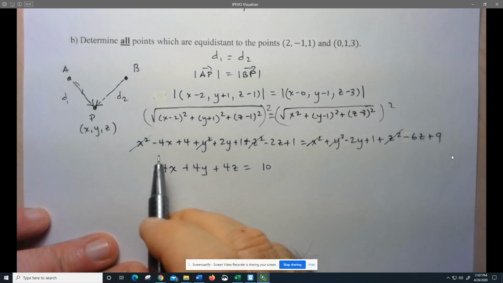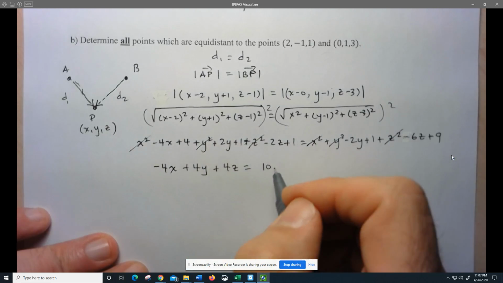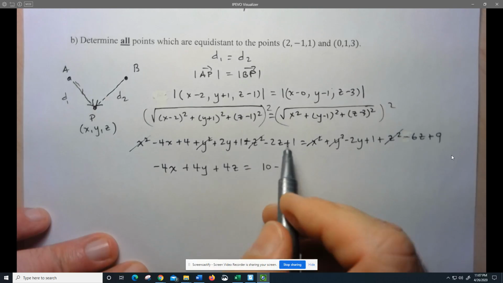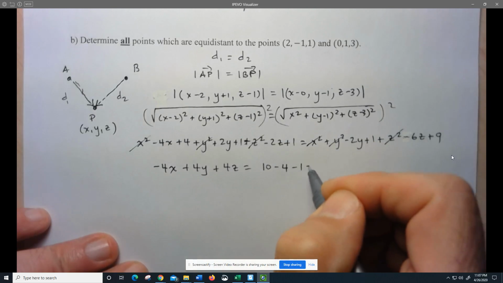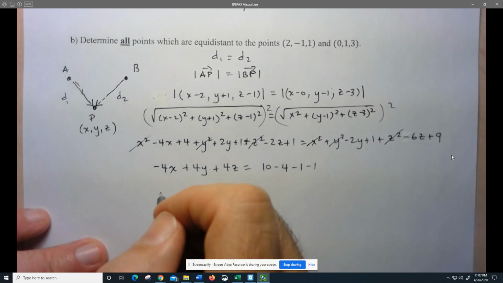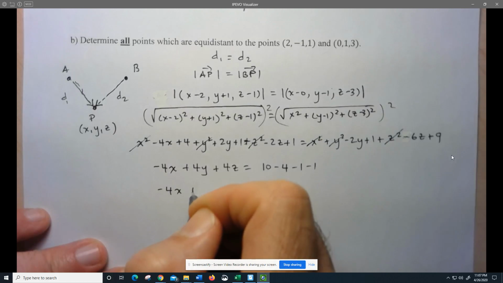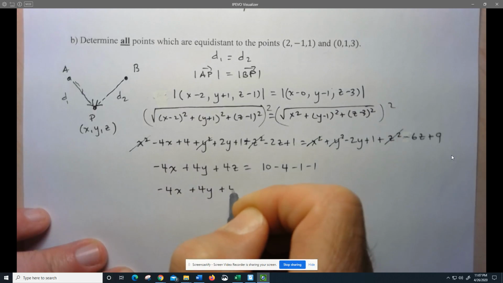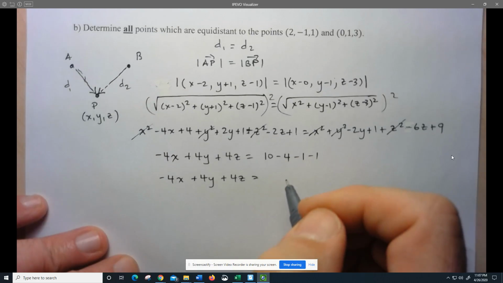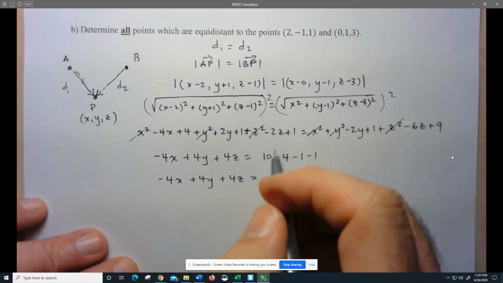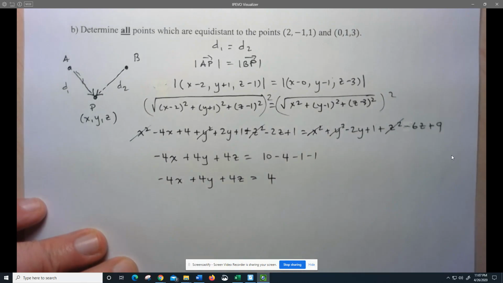And then here, well, we've got a plus 4, bring it to the other side, minus 4. And then 2 plus 1s, so let's subtract them to the other side. And so what do we have? Negative 4x plus 4y plus 4z is equal to 6 minus 1, that's equal to 4.